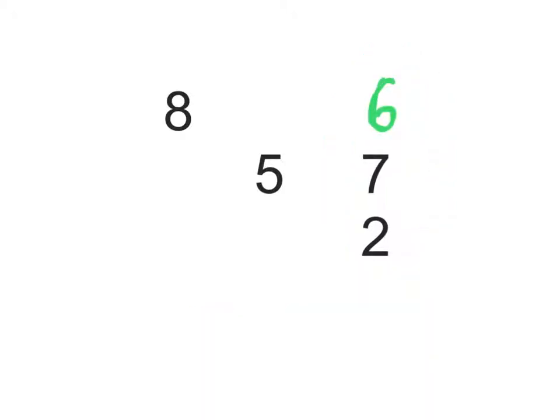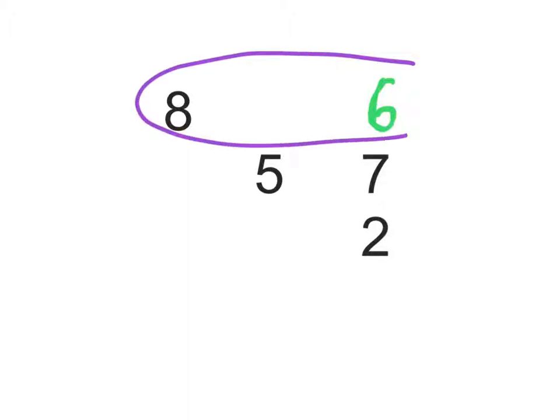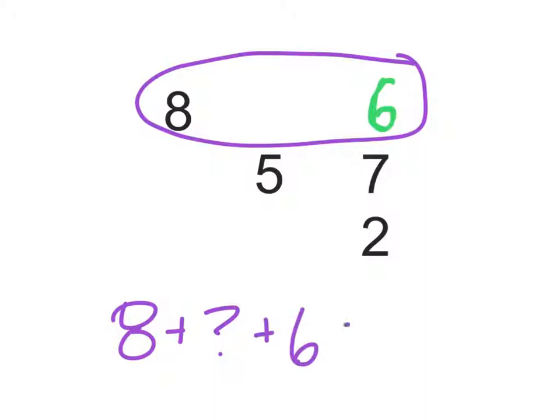Once I have the 6 filled in, now I can look for other pairs where I'm just missing one. So if I look at the top row, I now have 8 plus something plus 6 gives me 15.